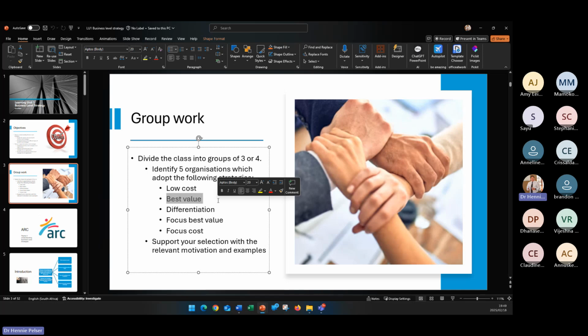Fisher Steers, absolutely. And then, guys, focus cost. I'm from Pietermaritzburg, and we have a place called Karanichas here. At Karanichas, you can buy a meal for 20 Rand and they'll give you cool drinks and things like that. Okay. And then focus best value, I can't think of those.